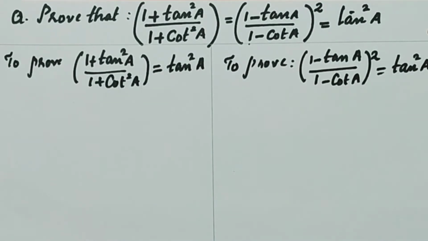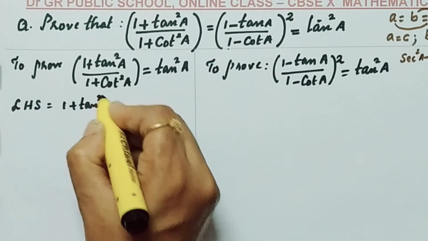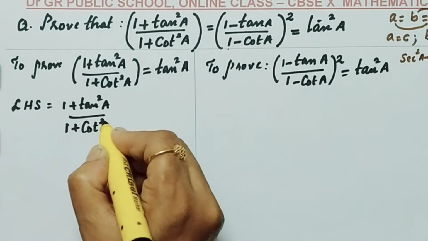Come with the first part. Here, LHS equals (1 plus tan square A) by (1 plus cot square A).